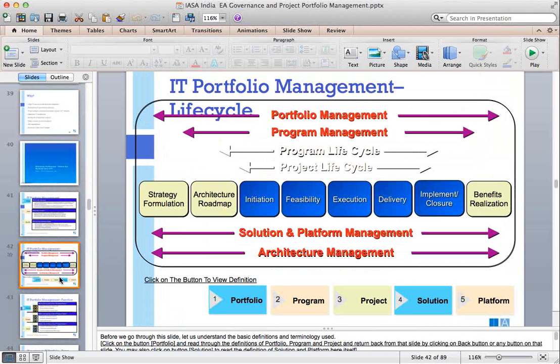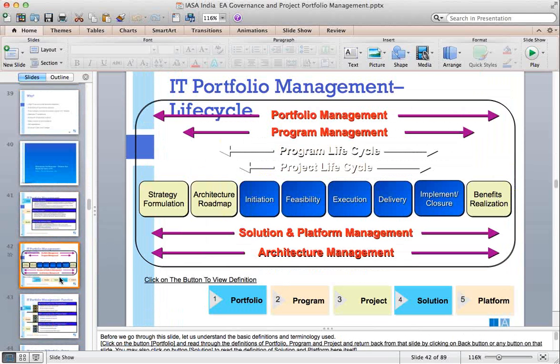Let's move on to a more indicative picture showing what portfolio management covers, how program management expands, and what the project life cycle is. It is very clear from this picture that there are 4 different aspects within the portfolio.